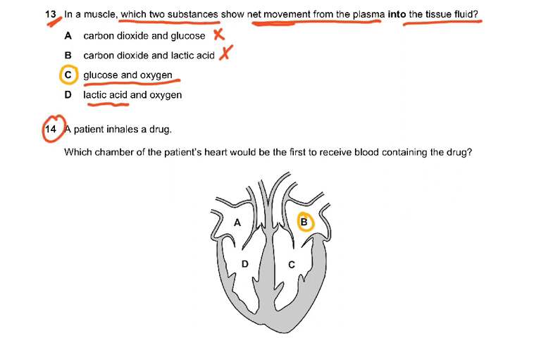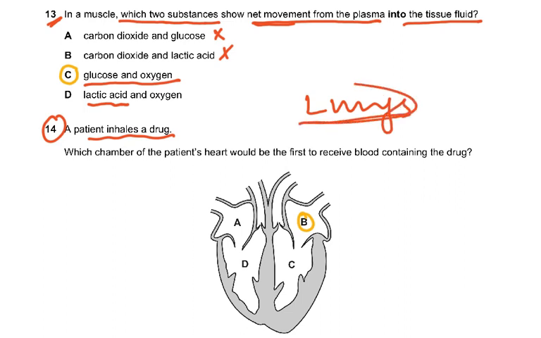Number 14, a patient inhales a drug. Inhales means smokes it, takes it into his lungs. Which chamber of the patient's heart will be the first to receive blood containing the drug? So if it is inhaled, then you know it is the lungs where it's taken in.